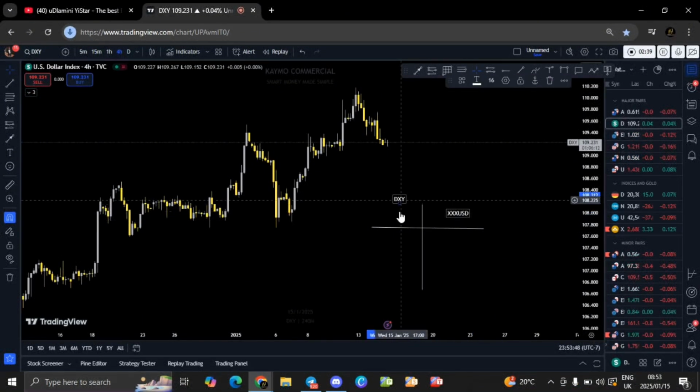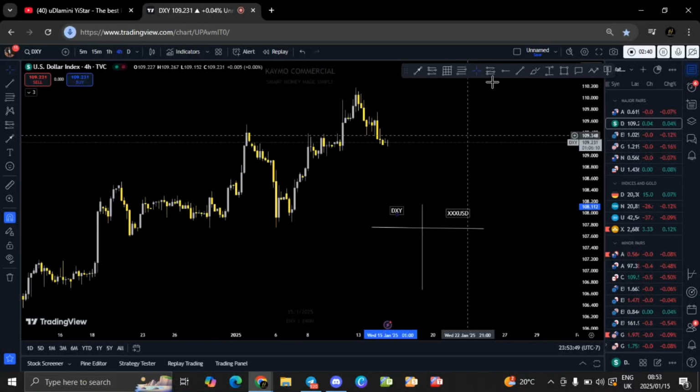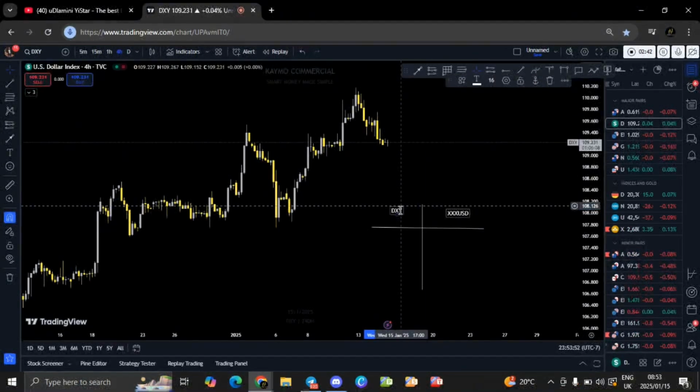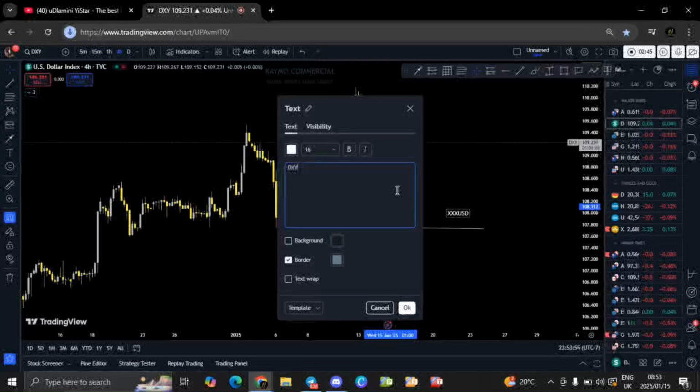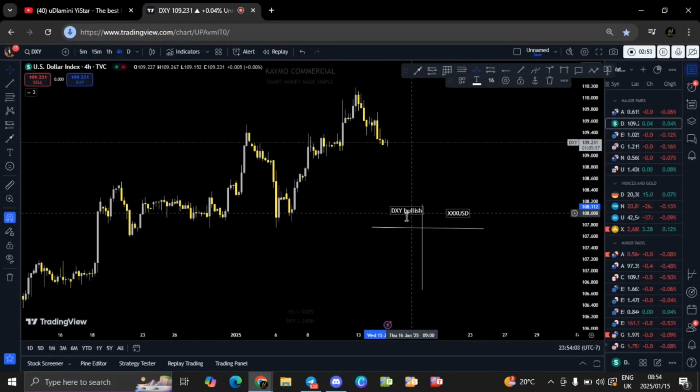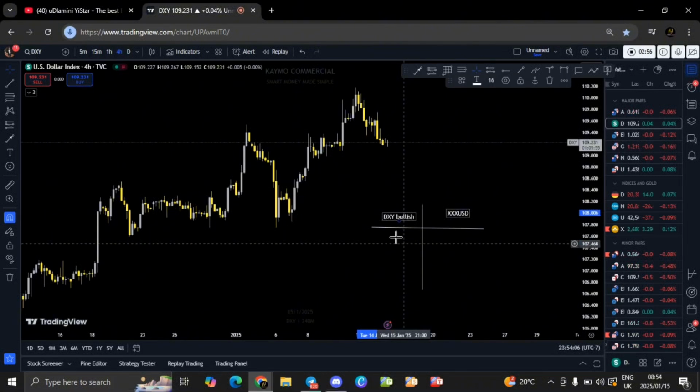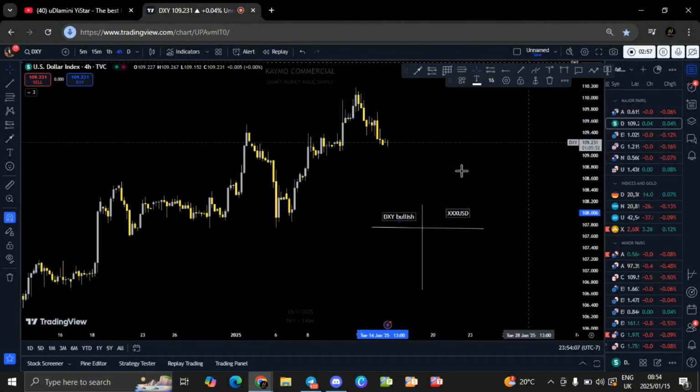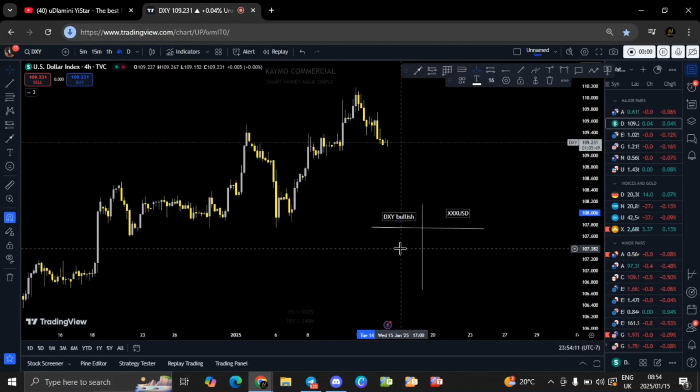Let's say DXY is bullish. So I'm going to say DXY is bullish, and each and every pair that comes on this side has to be bullish. I'm talking about the DXY side, right?